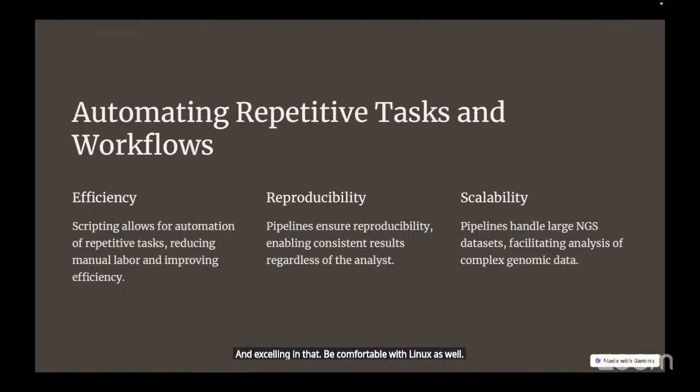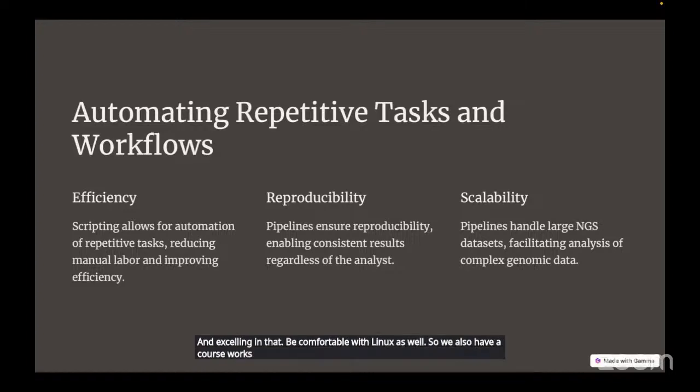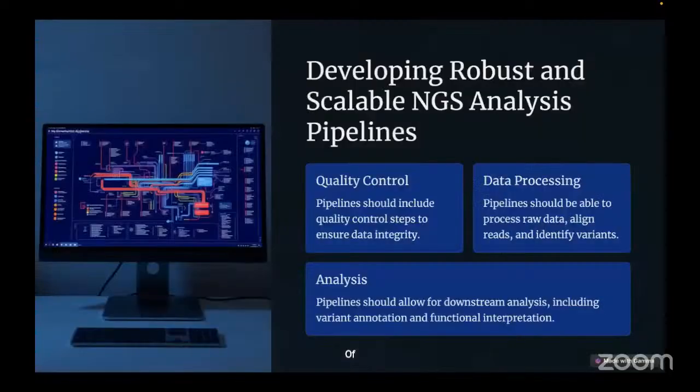So we also have coursework on Linux and Python, so one can gain that expertise and then take on a development project. So this includes developing robust and scalable NGS analysis pipelines.